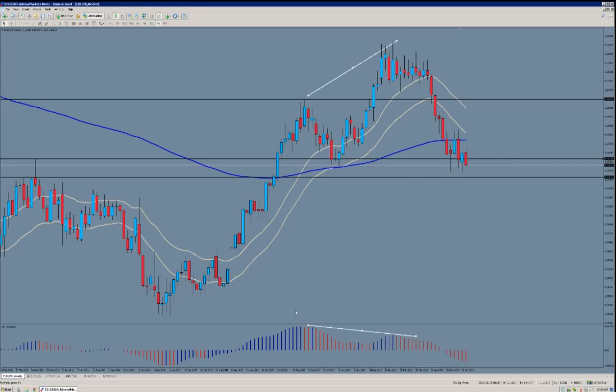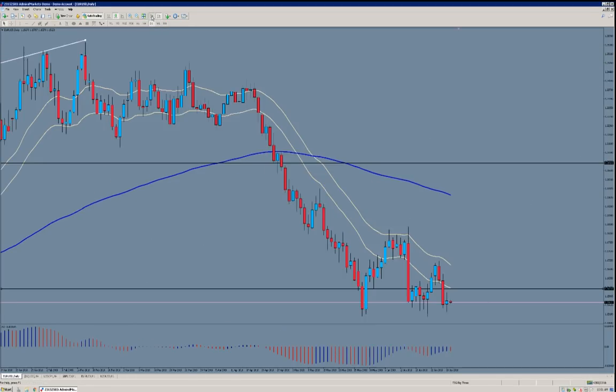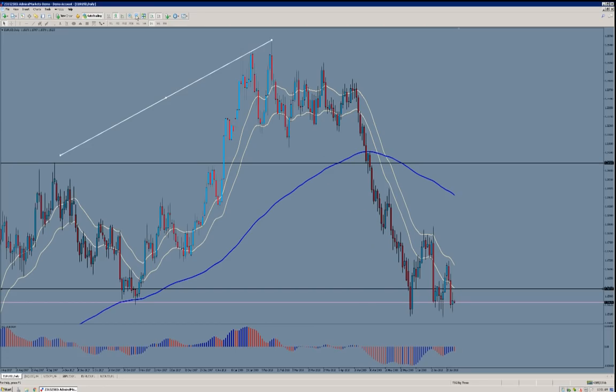So this is how I use the MACD, basically gauging this divergence to confirm where the trend is at. And yeah, I hope that answered that question.